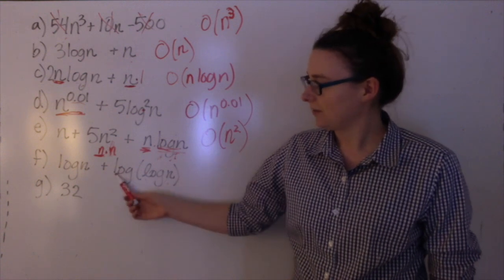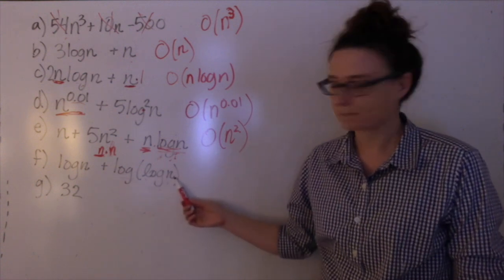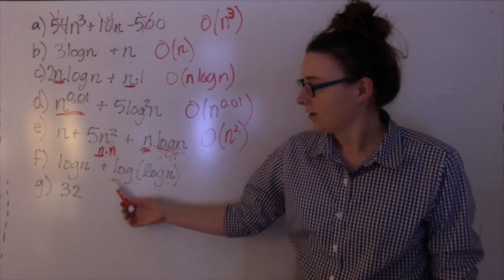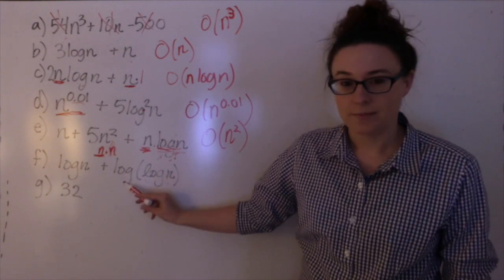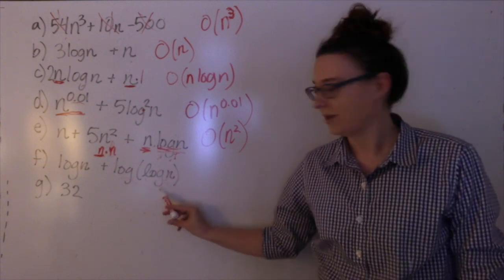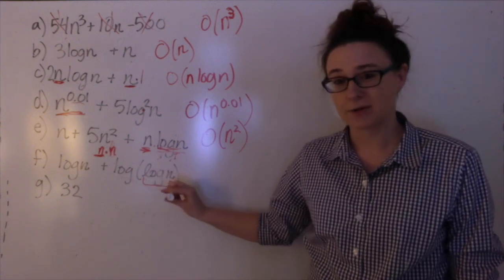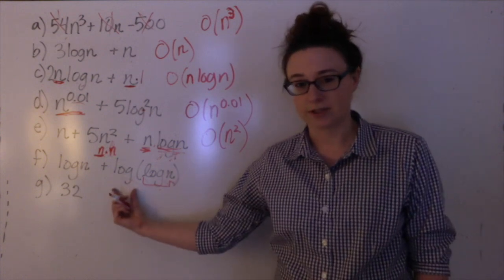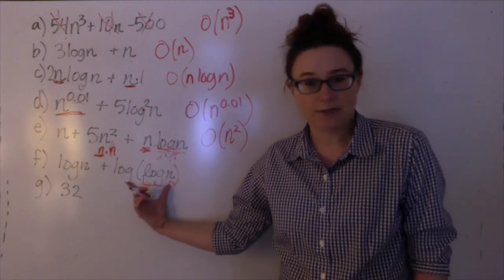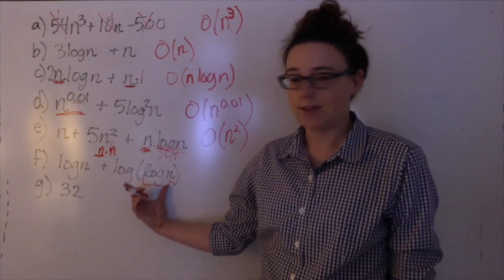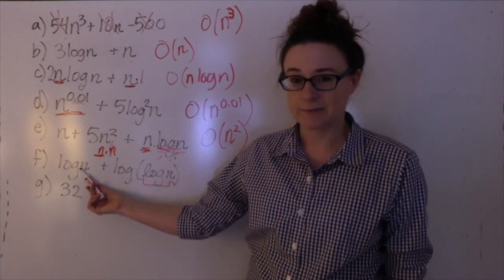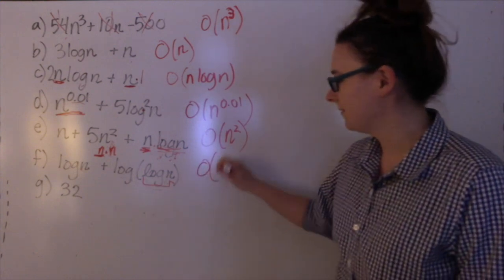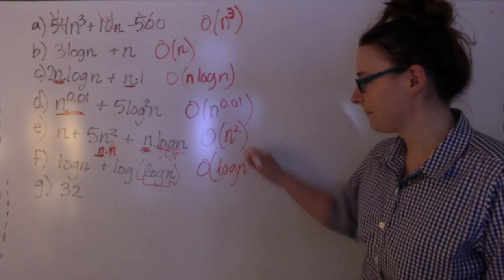But since we're not multiplying them, we're actually taking the logarithm of a logarithm. Log n by itself is pretty slow growing, and then we use that as the input to our logarithmic function. So we end up getting an even slower growing function than log n by itself. So log n is the dominant term here, so this is big O of log n.